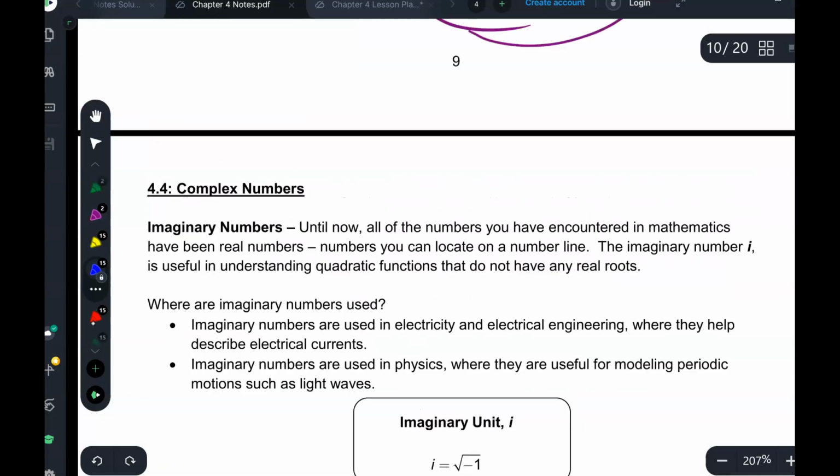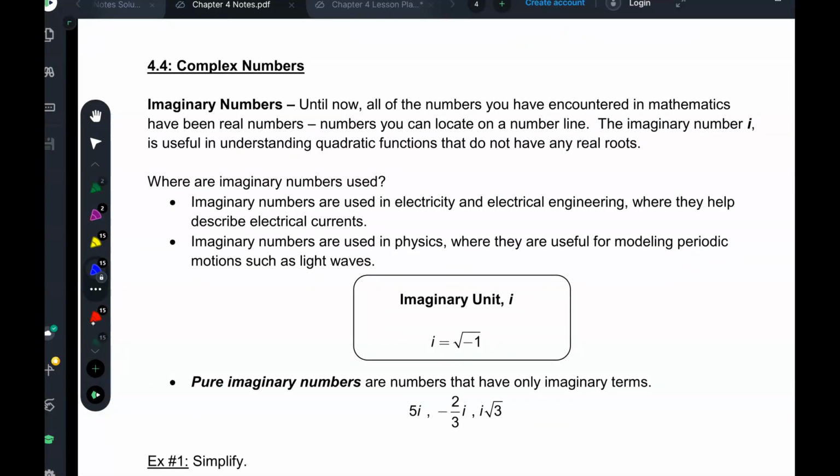Okay, so we are on page 10, and we're going to take a look at what are called complex numbers. In order to talk about complex numbers, we have to talk about imaginary numbers. Up until now, all the numbers you've encountered in mathematics have been real numbers. Anything that's a real number, you can locate on a number line.